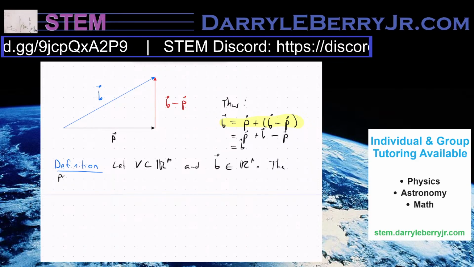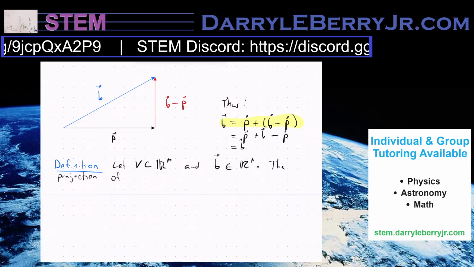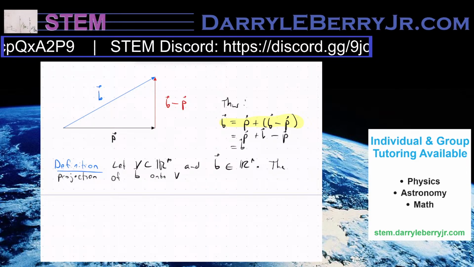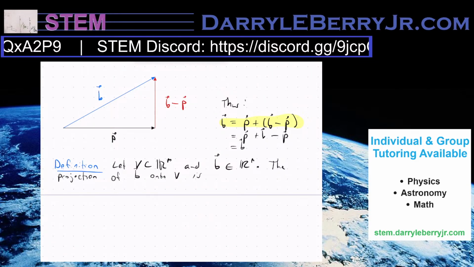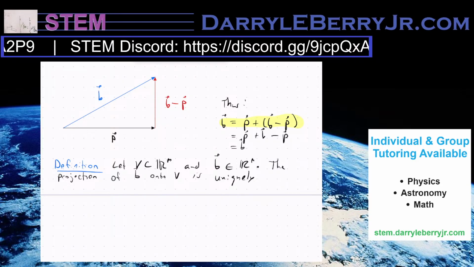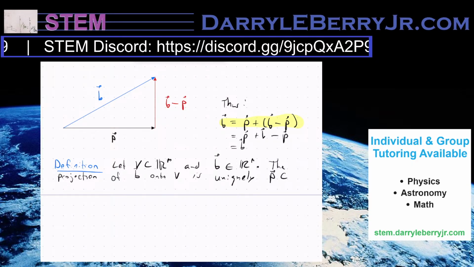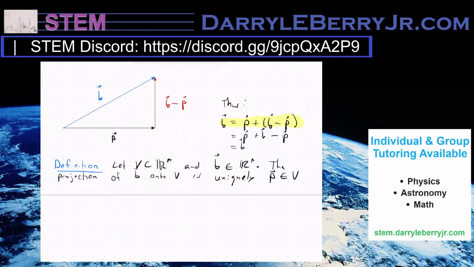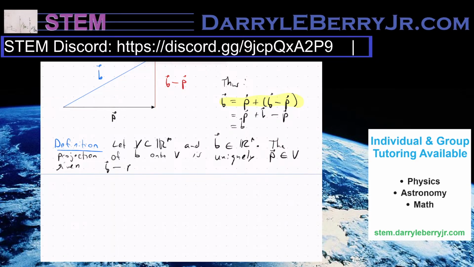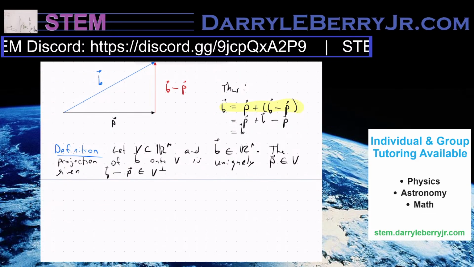The projection of B onto V is uniquely P, which is in V, given that B minus P is orthogonal to the space.